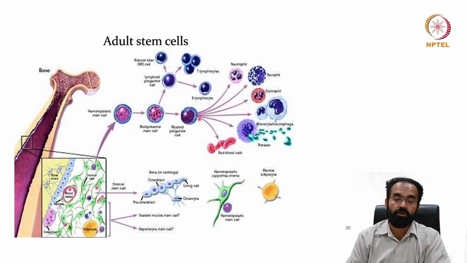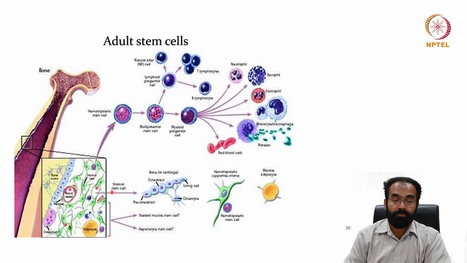And then there is another called a myeloid progenitor. Myeloid progenitors give rise to neutrophils, basophils, eosinophils, and also give rise to the platelets and RBC, and also monocytes and macrophage cells. They are coming from the myeloid lineage.